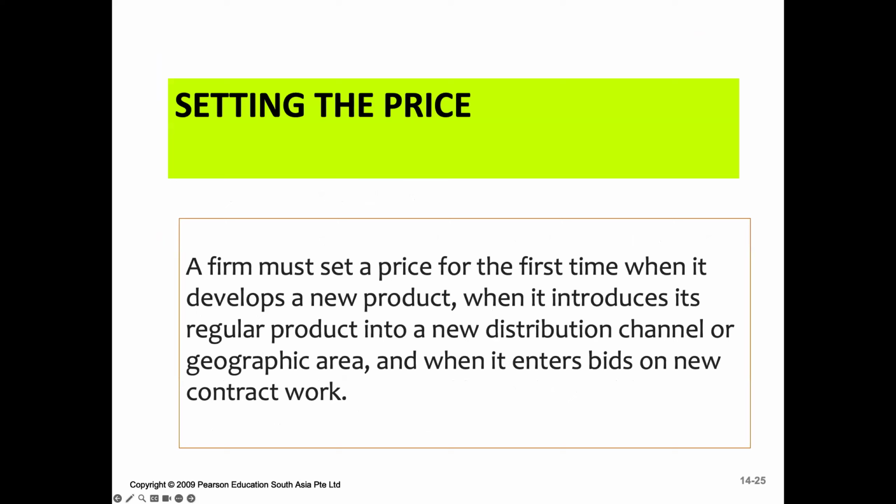So how do you set the price? A company or firm must set a price for the first time when it develops a new product, when it introduces its regular product into a new distribution channel or geographic area, and when it enters bids on new contract work.